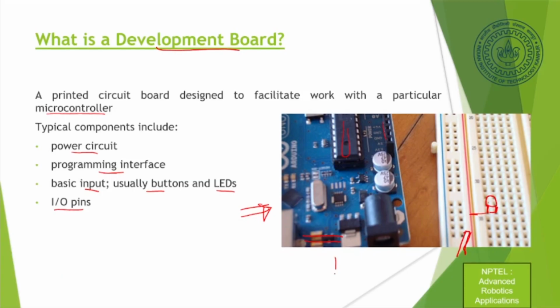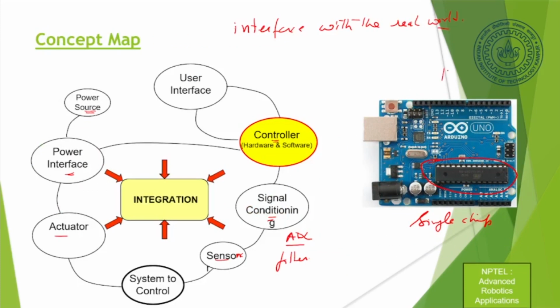This is similar to our development board, and this is what is shown in the next slide. In this development board, you can see there are pins and there are pin numbers. These are what we call pins, and these pins have pin numbers, so you can see 1, 2, 3, 4, 5, 6 like that.